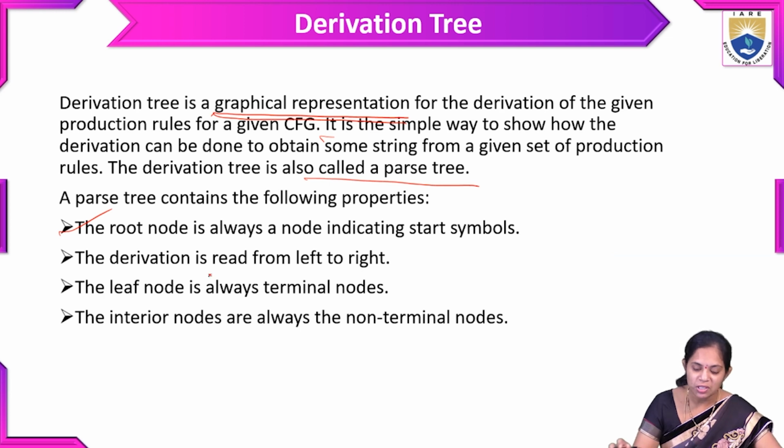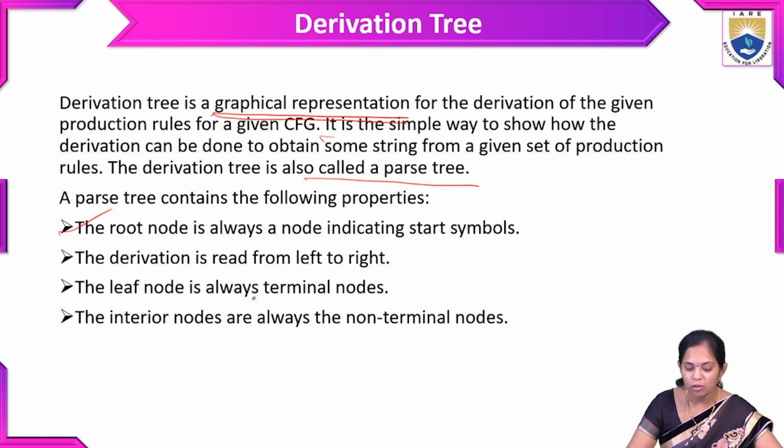The derivation is read from left to right. After completing the derivation, we represent it with the graphical tree, and we read the string from left to right. We will show that in the next example.